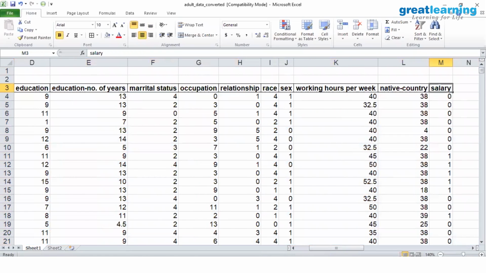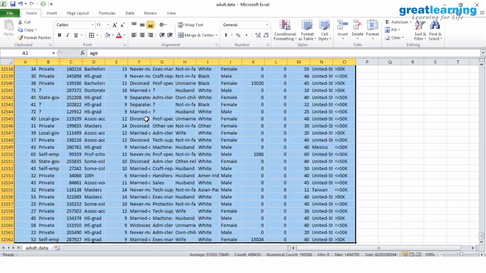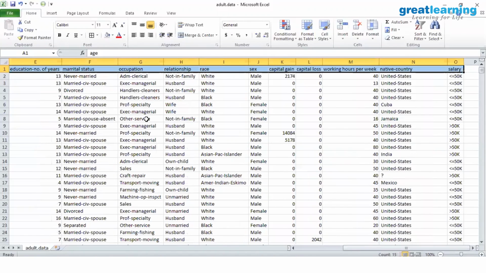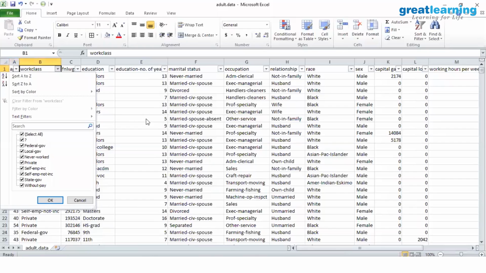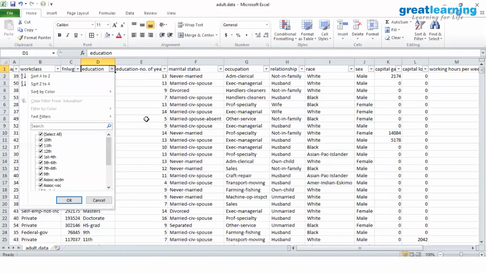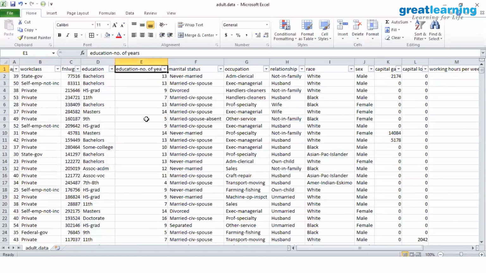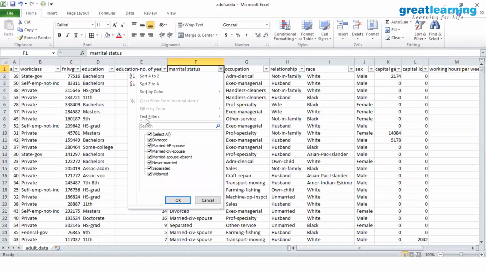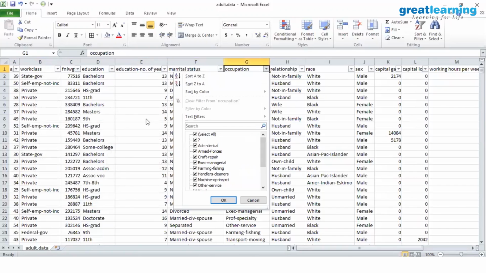The age, the work class, whether it is in the federal government or the local government, or he has never worked. The private, you can see there is a question mark and foreign symbol here. We have to remove that, right? So the sampling weights and the education number of years, the marital status, whether it is divorced or never married, separated, widowed, the occupation.